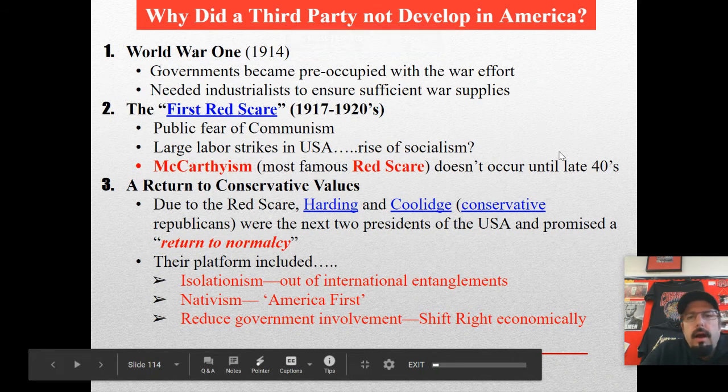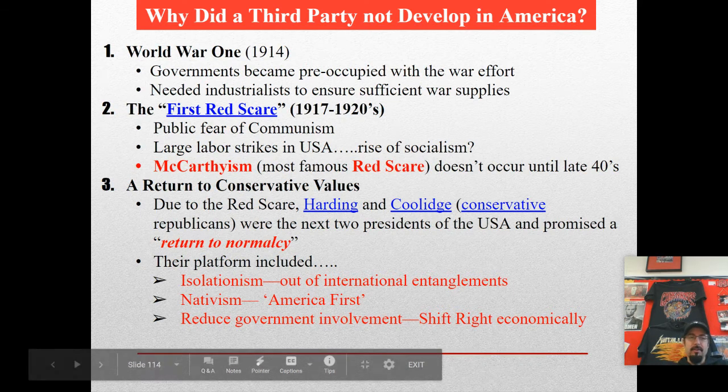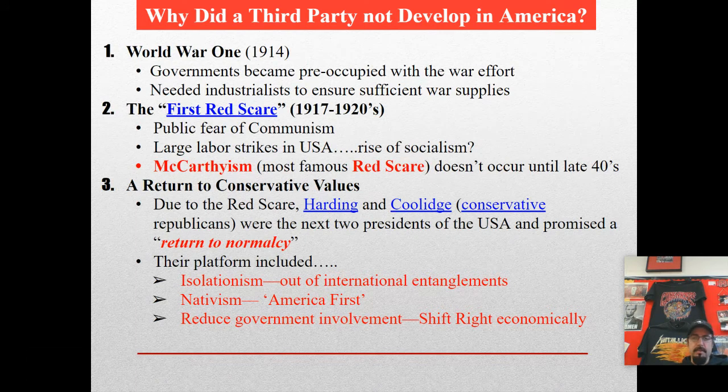All right. You had the first Red Scare. I had briefly mentioned the Winnipeg General Strike, how it went against the workers. One of the reasons it went against the workers is that there was just this huge sentiment at the time that we cannot go left. If Russia can go left and turn into a communist country, what would stop us, being Canada and the United States, from turning left?